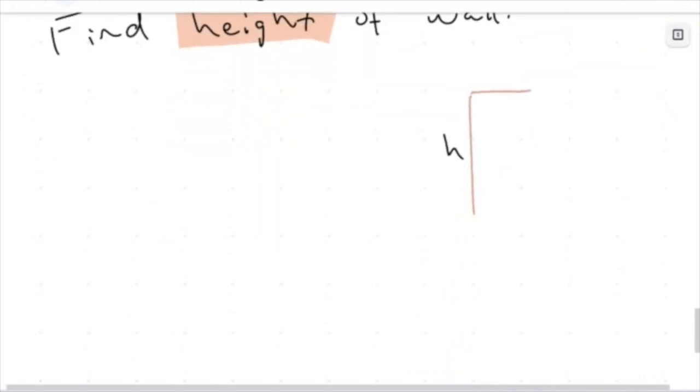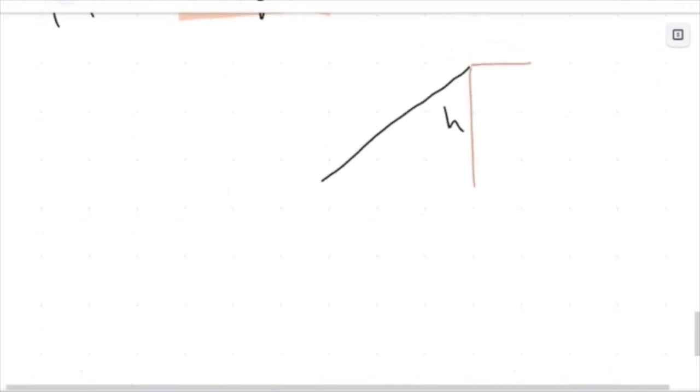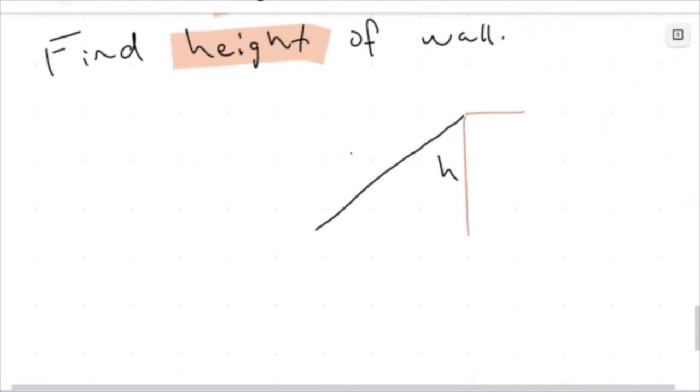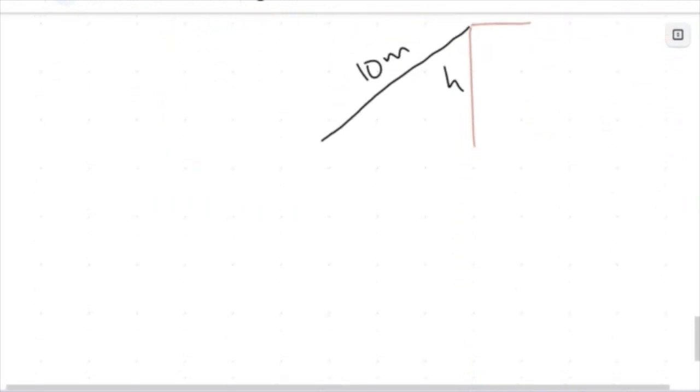It's going to go here, and it goes down to 5 meters from the base of the wall. So it's leaning up against this wall, holding it up, and it's 10 meters long. My ground is there, and the base of the wall to the bottom of my steel brace is 5 meters, so here to here.